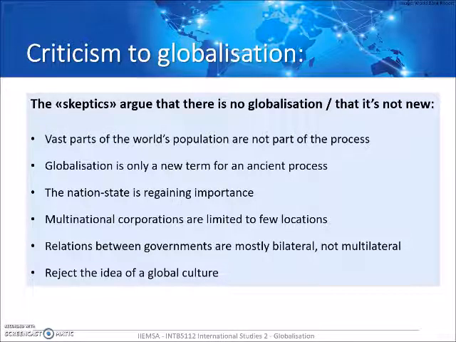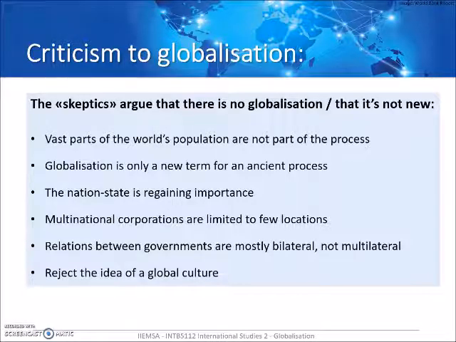Another argument says that multinational corporations are actually not as global as we say, that they usually just function in a few countries and not on a global level. Another argument says that relationships between governments are still mostly bilateral. For example, South Africa having a technological agreement with the government of Germany, and not necessarily multilateral relationships.